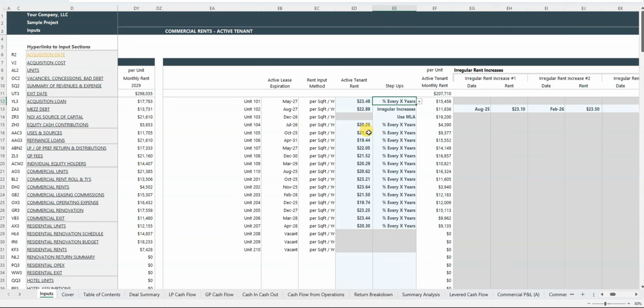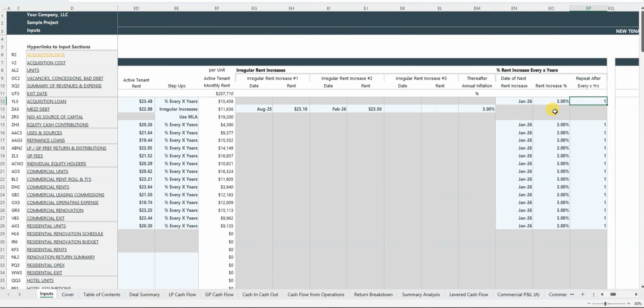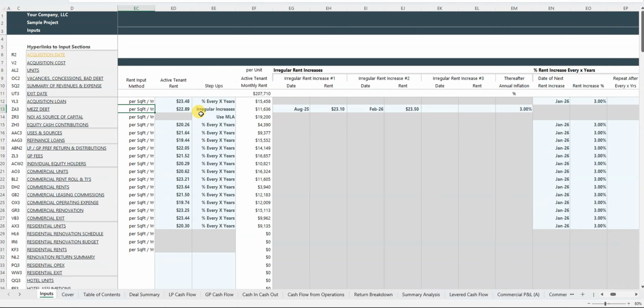So for example, if I'm looking at my commercial rents for an active tenant and I'm projecting their rent, I could say this one's going to increase X percent every X years. So I'd say starting in January 26, it increases 3% a year every year. This next tenant might have irregular increases, meaning it was just agreed upon that arbitrary dates have arbitrary rent step-ups. So say August of 25, it goes to $23.10. February 26 goes to $23.50 and so on.